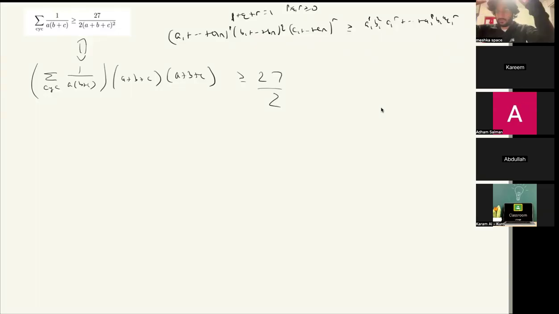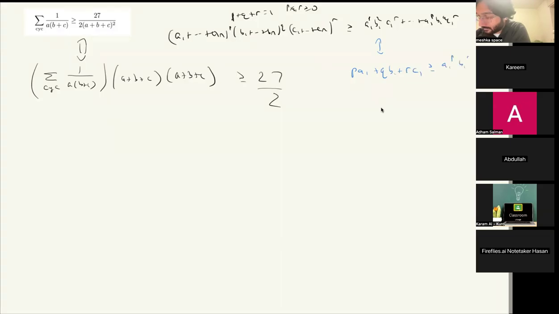You scale everything down so the sum is 1, and then you have to show that this is less than or equal to A1 P plus Q B1 plus R C1, which is greater than or equal to this, right? It's the same argument. You scale them and then you do this.